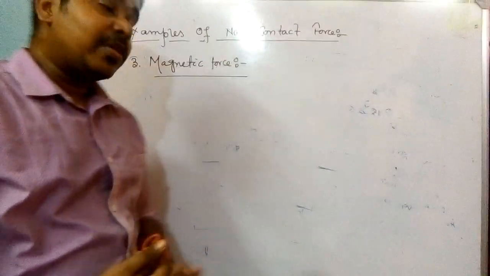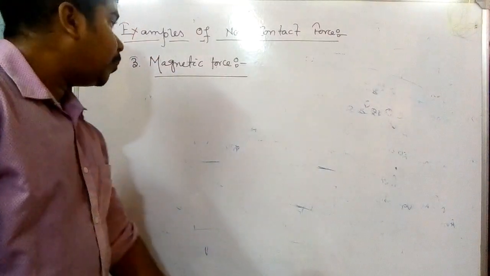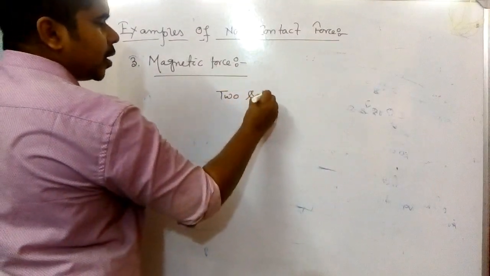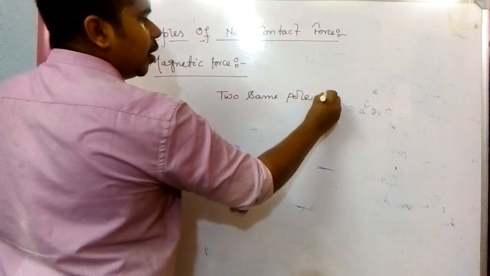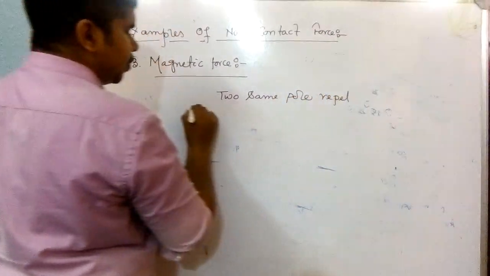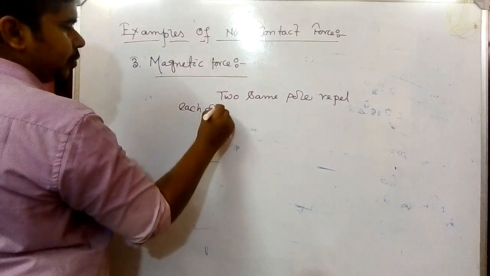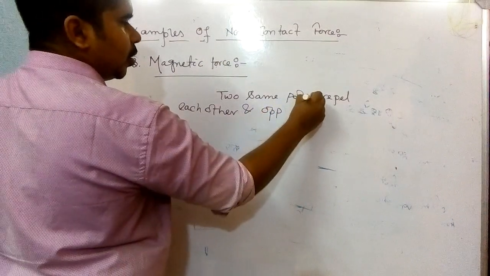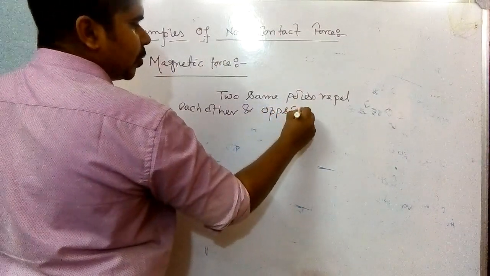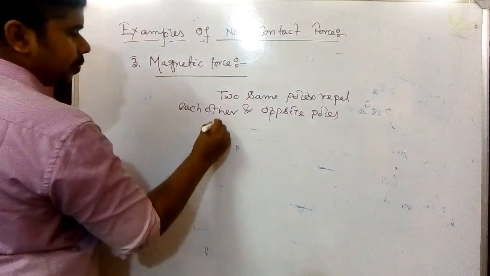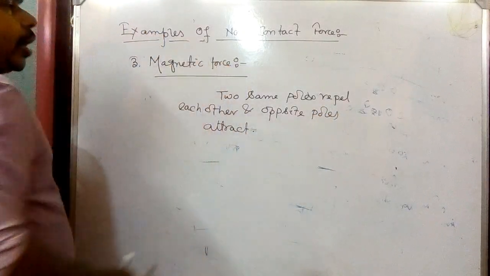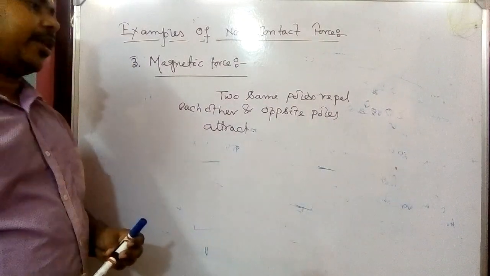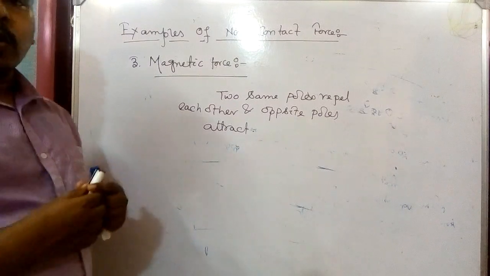So these are examples of magnetic force where two same poles repel each other and opposite poles attract. And here also no connection is made. As there is no connection, we can say that it is also a non-contact force.